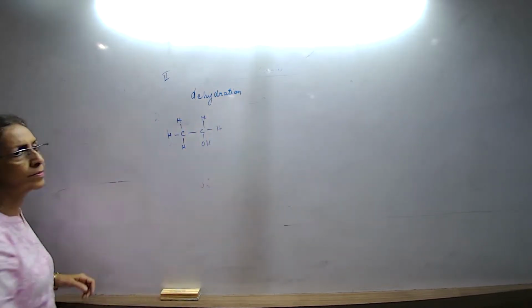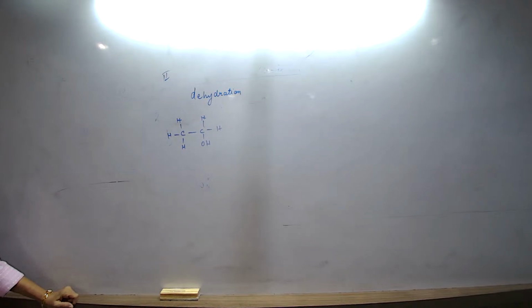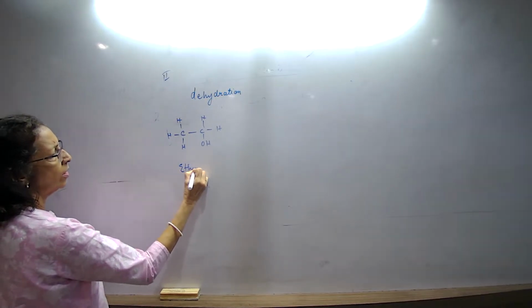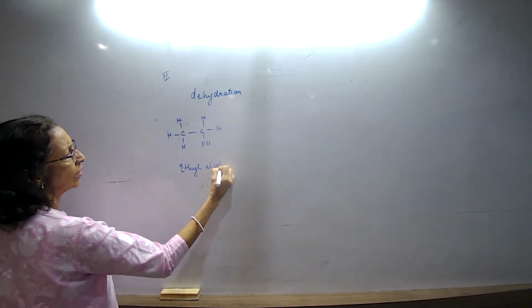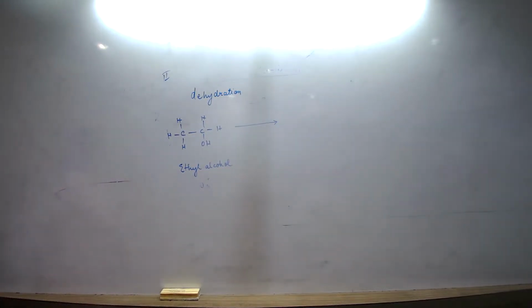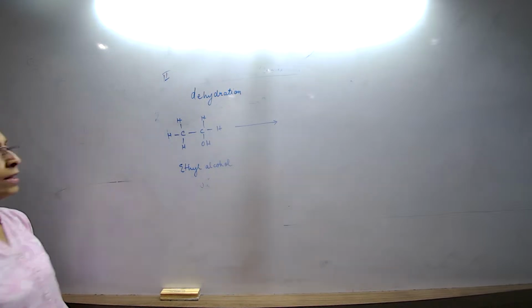C2H5OH. That is your ethyl alcohol, isn't it? So this is nothing but your ethyl alcohol. If you treat it with an agent like concentrated sulfuric acid, did you notice that in the textbook? What have they given?